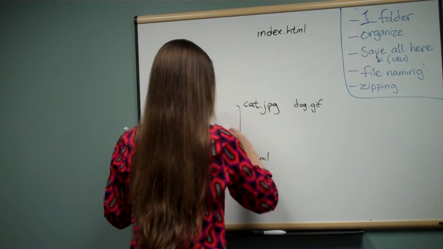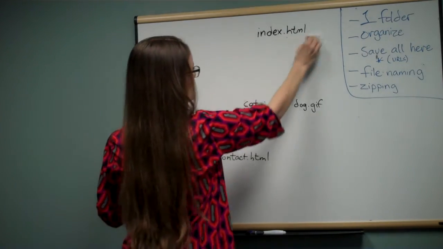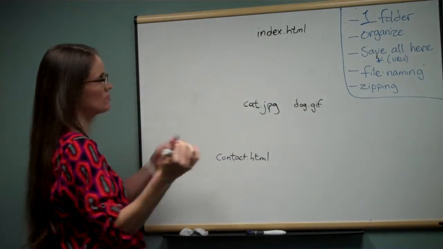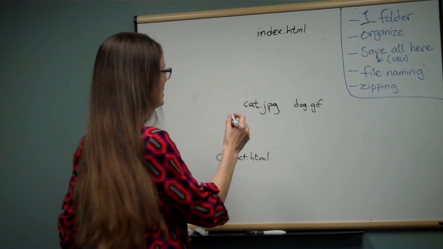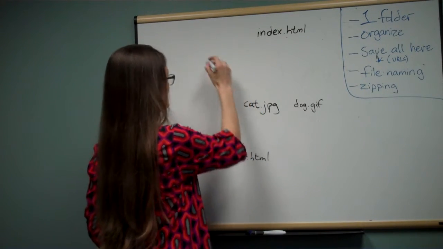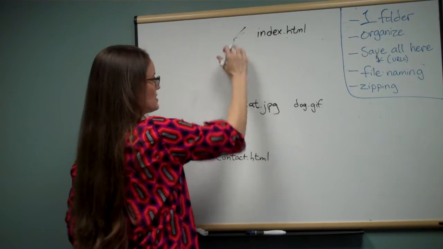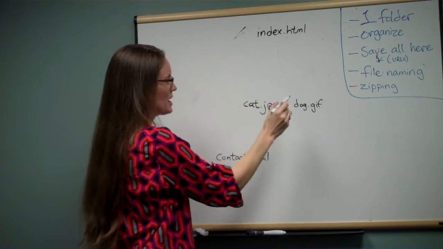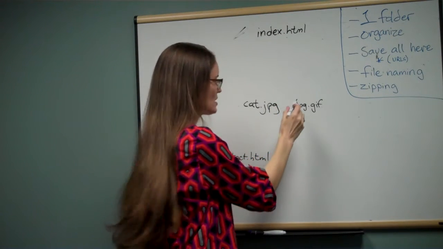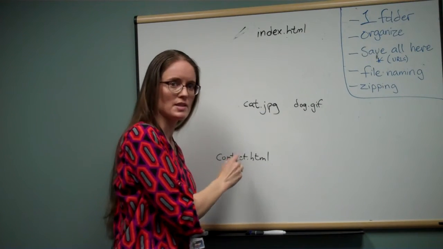They'll create the index.html page. Maybe they save that to their desktop. This is your desktop. Then they also have their cat JPEG on the desktop, the dog GIF on the desktop, and maybe they've created a contact page and that's saved on their desktop.